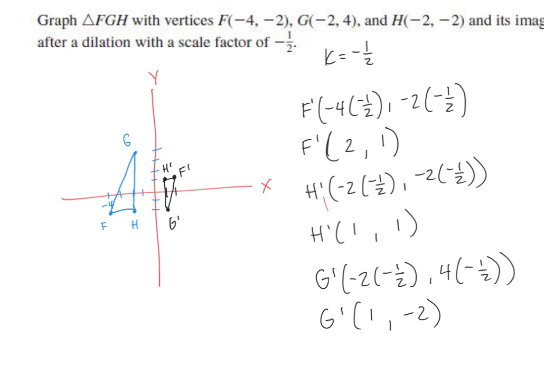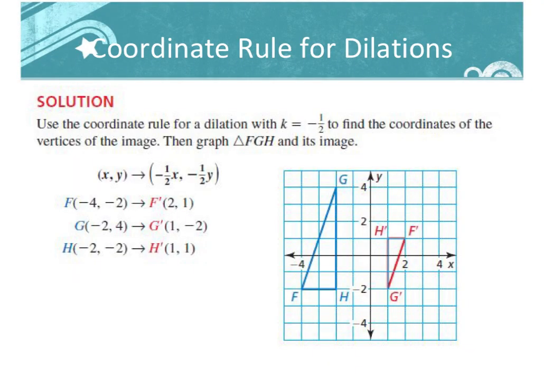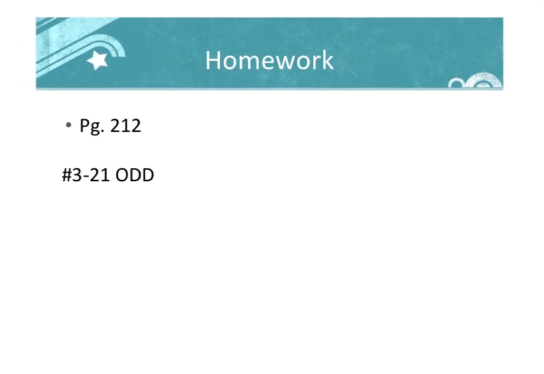Notice, it's not just a regular enlargement or reduction. Notice how it's completely rotated 180 degrees. So we shrunk our image, right? And then we rotated it 180 degrees. Okay? That's what you need to look for when you scale by a negative factor. All right, looks good. We did it right. And here's your homework. Good luck.